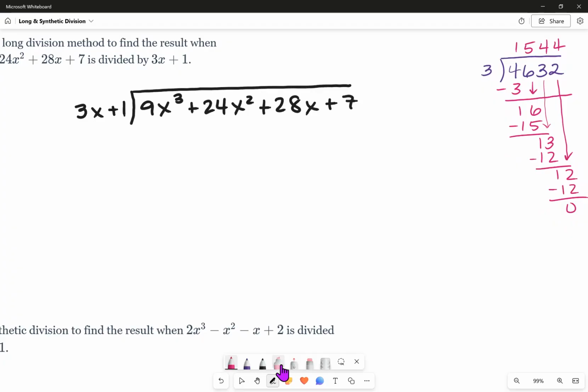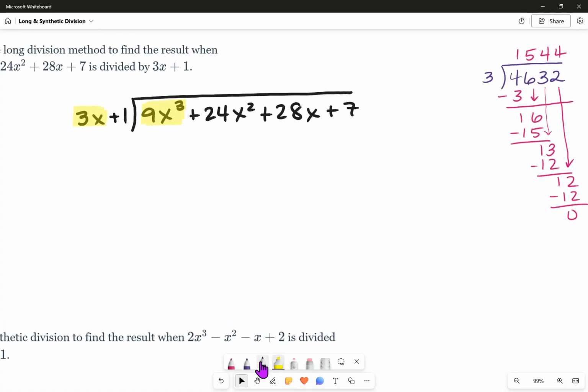I need you to focus first only on the first term of the polynomial you're dividing by, 3x, and the first term of the polynomial you're trying to divide into, 9x cubed in this case. 9x cubed divided by 3x is what? Well, it's 3x to the second power, right? So 3x goes into 9x cubed, 3x squared times.